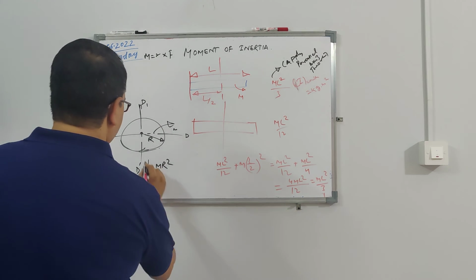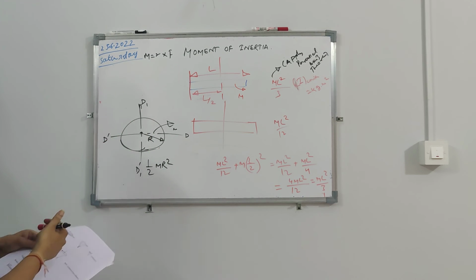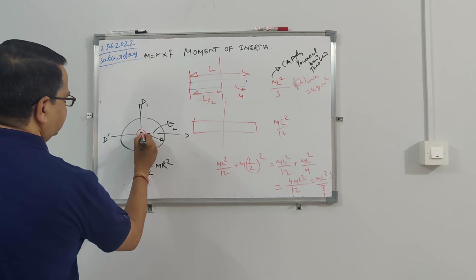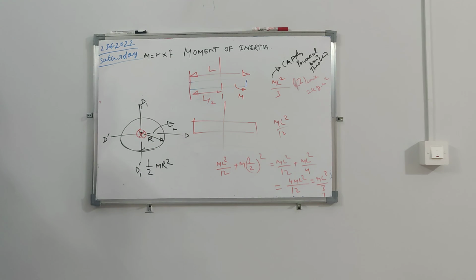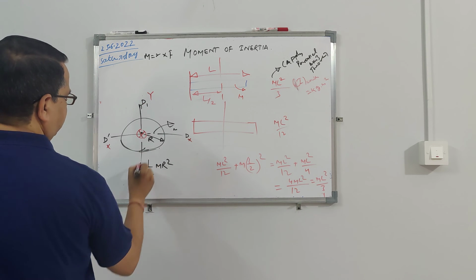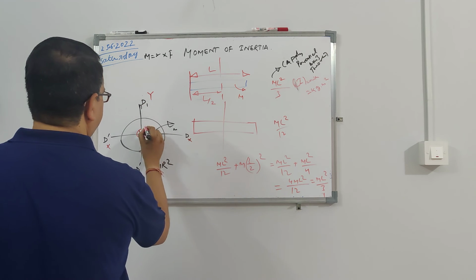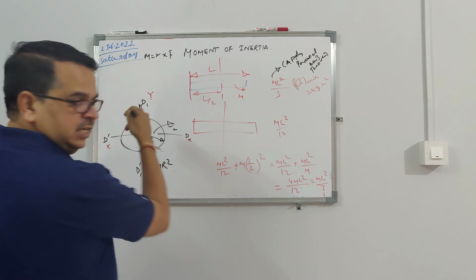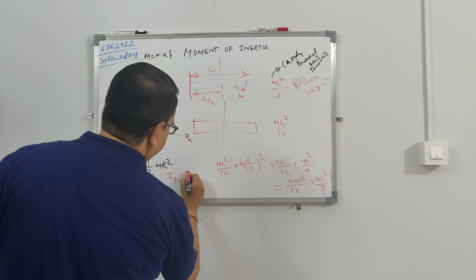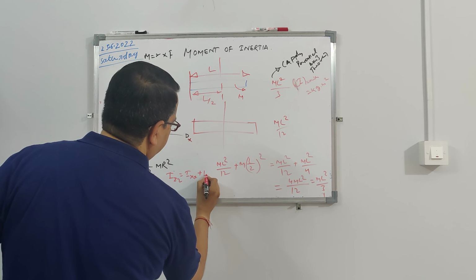Let us say this is the x axis, this is the y axis, and this is z. So Izz is equal to Ix plus Iy.